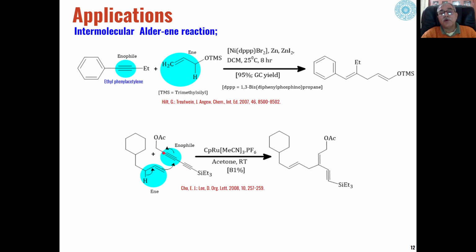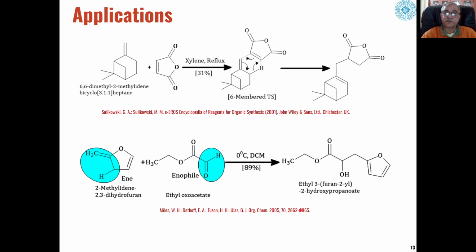Because this is more electron withdrawing in nature, this will make this carbon more electropositive, and the attack will take place at this. And these reactions are catalyzed by ruthenium-based complexes, and the reaction takes place at room temperature, and the product is formed in 81% yield.